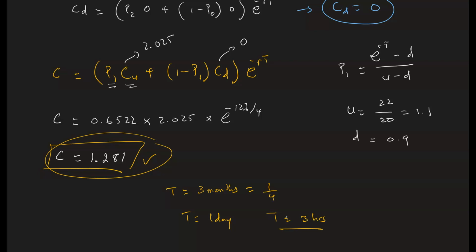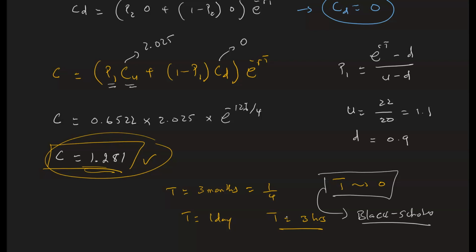Now, the shorter t is, as t tends towards 0, the more accurate this process becomes, and we move from using the binomial to using what we refer to as the Black-Scholes option pricing model, which we are going to be looking at in the next unit. And that's what the object of the next unit is going to be all about.